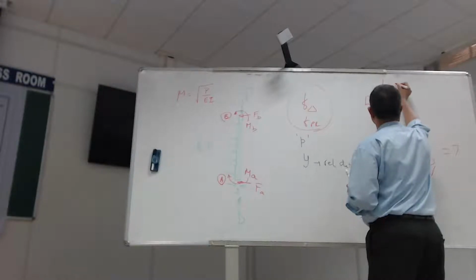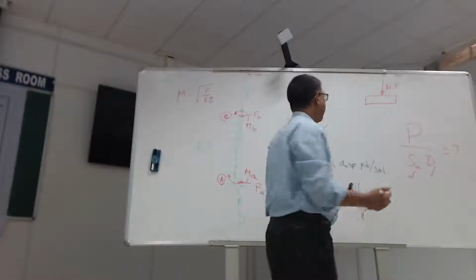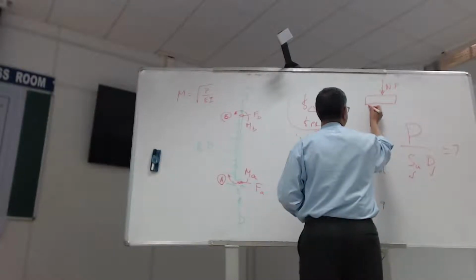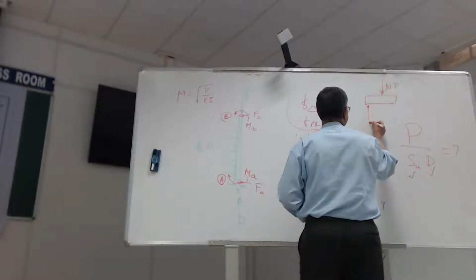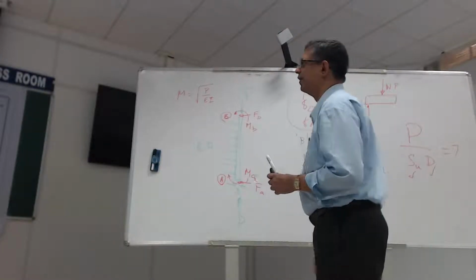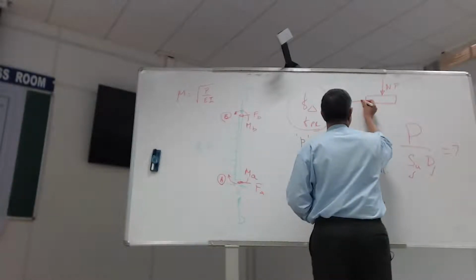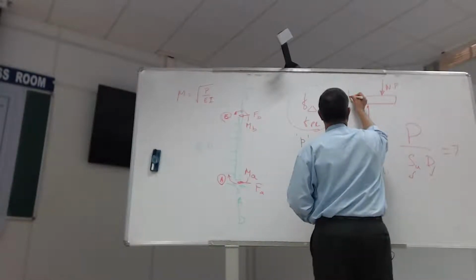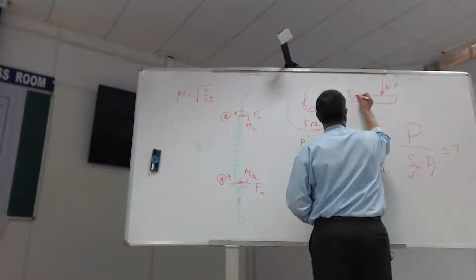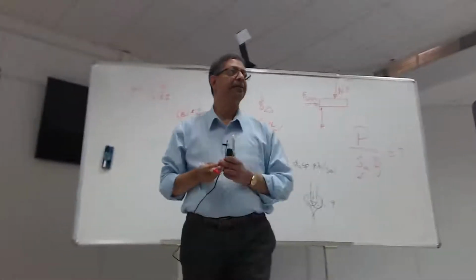N times P, because N is the number of piles, will be my total vertical load, and the pile I'm considering will give me P. These are okay, but the F thrust, or the horizontal force due to the crust, is the big one, really.